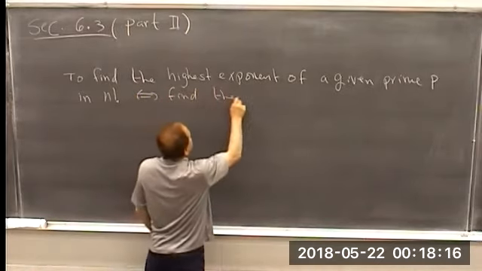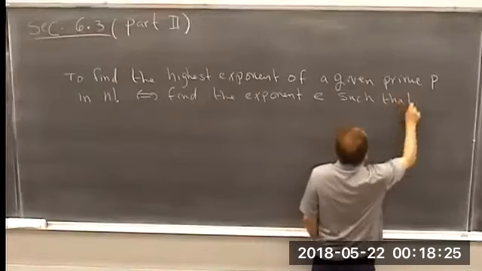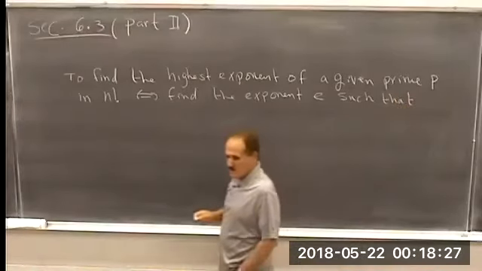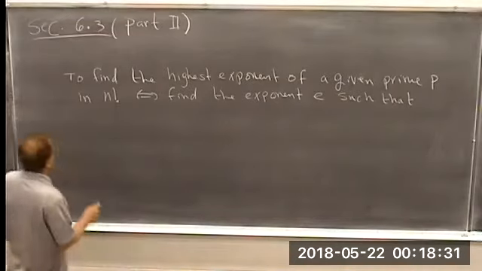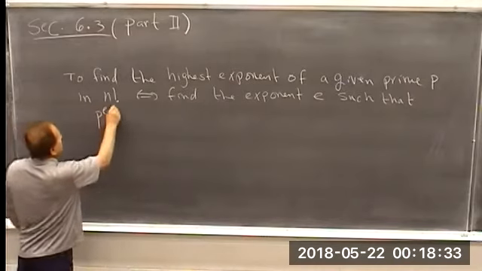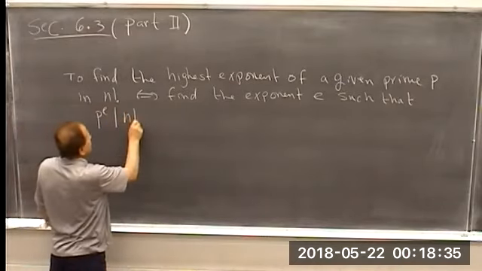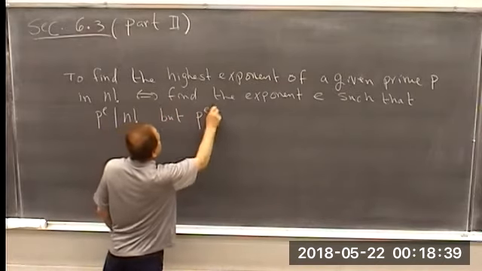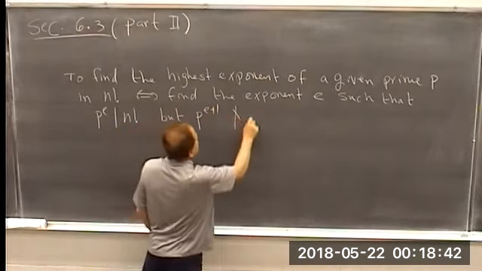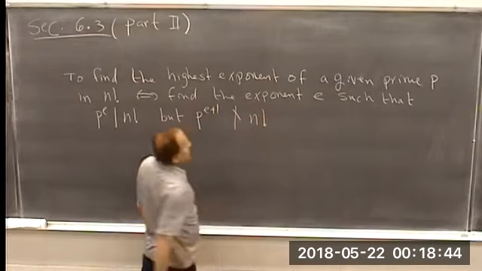This is equivalent to saying that we need to find the exponent E such that P to the E divides n factorial, but P to the E plus 1 does not divide n factorial.